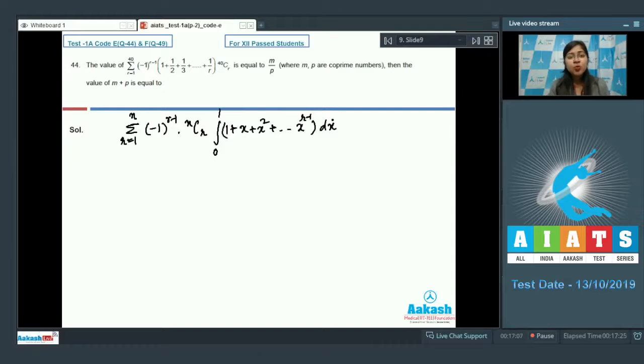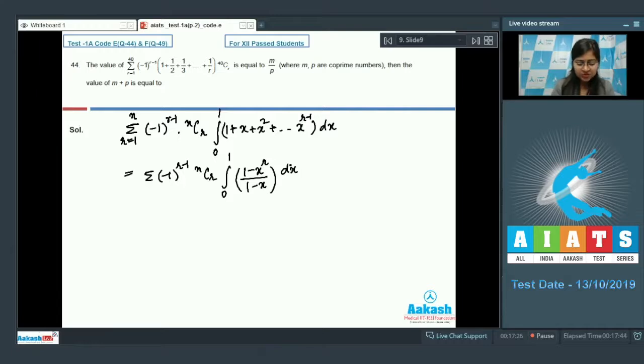So putting x equal to 1, we will get it similar to the given in the question. So this is equal to summation minus 1 raised to the power r minus 1 into nCr into integral from 0 to 1 of (1 minus x raised to the power r) upon (1 minus x) dx, because it is a GP.